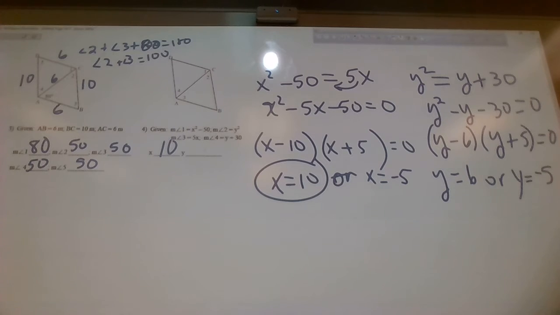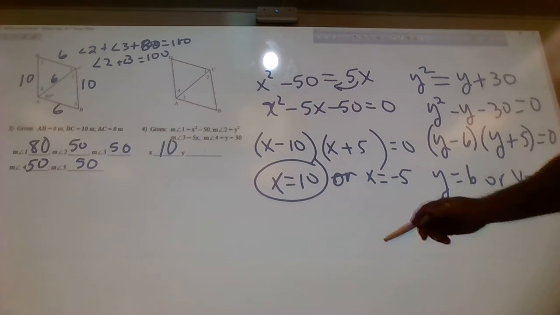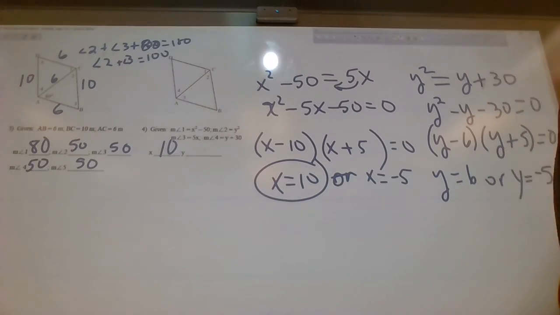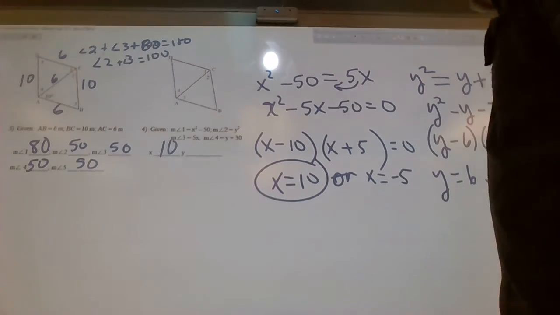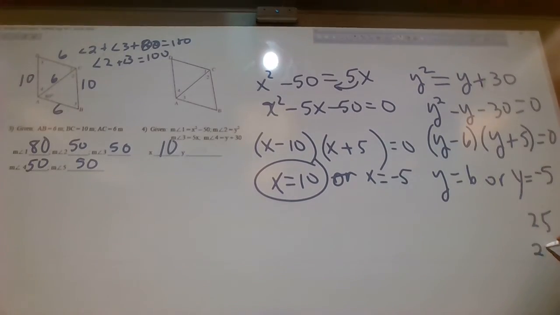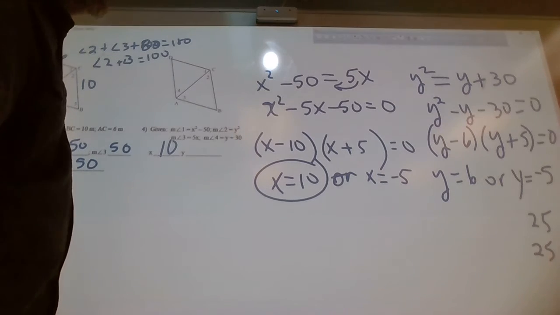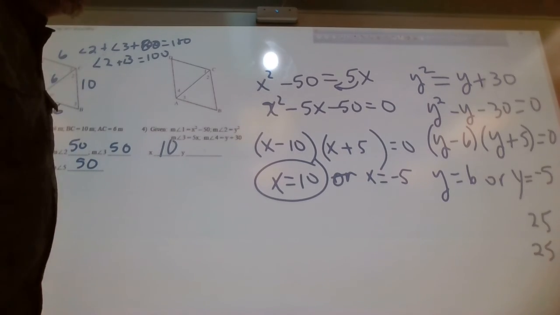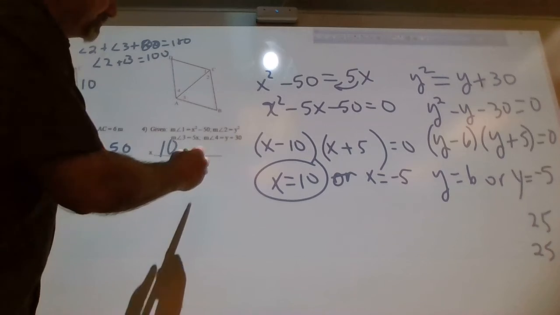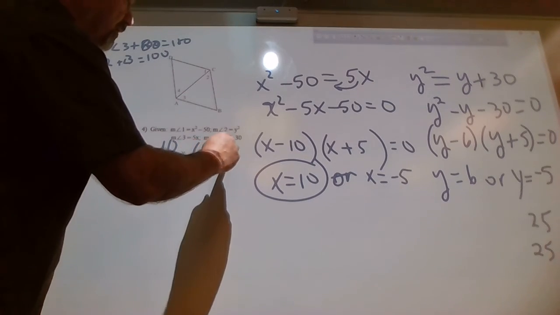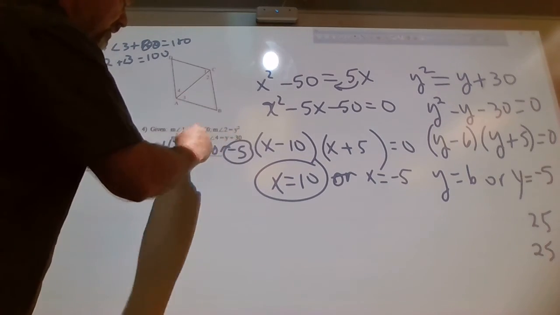Can it be both? It could be both on this one because -5 plus 30 is 25, and y squared, -5 squared, is 25. So both of those answers are consistent. We don't know which one it is, so it's going to be either 6 or -5. Both of those will work.